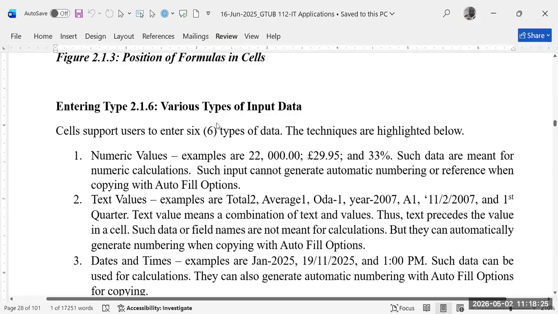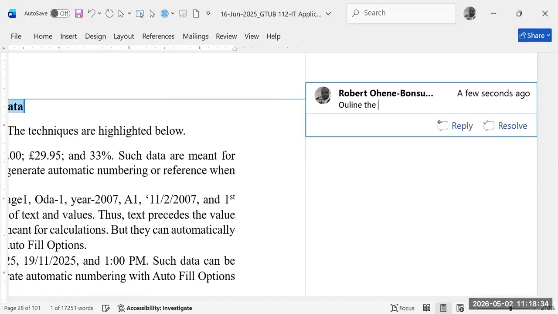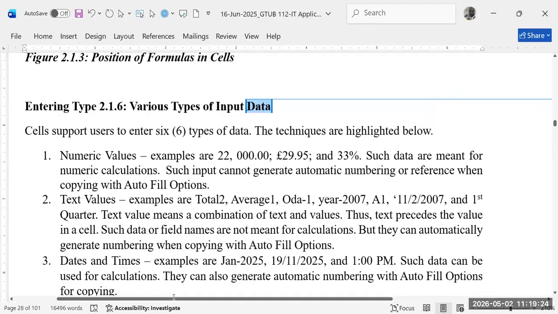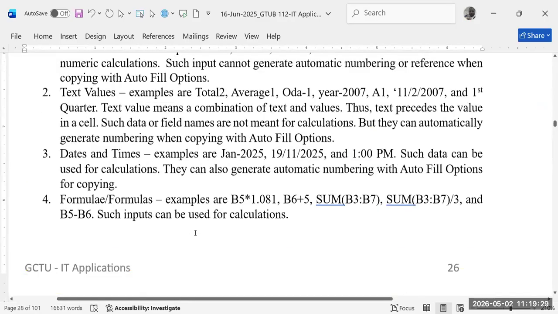So if I ask this question, the 6 different types of data that can be entered in a cell are these, with examples.